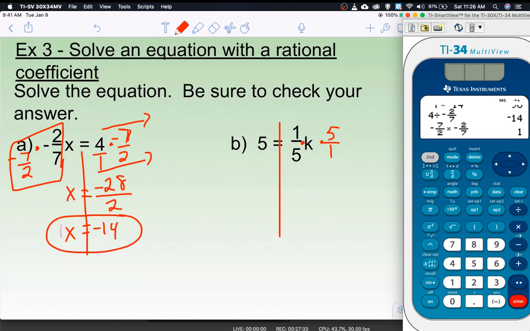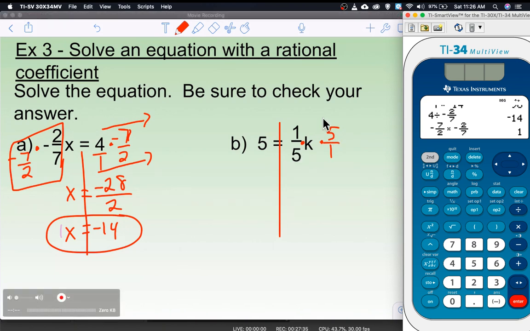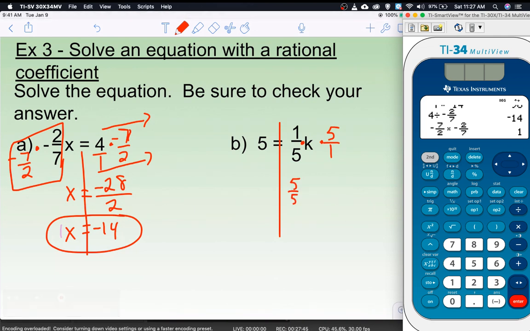And that would make the fraction on this right-hand side equal 1, because 1 times 5 is 5, 5 times 1 is 5. I'd get the fraction 5/5, which equals 1. When I multiply by 5/1 on the other side, I'm going to get the solution, the number 25.